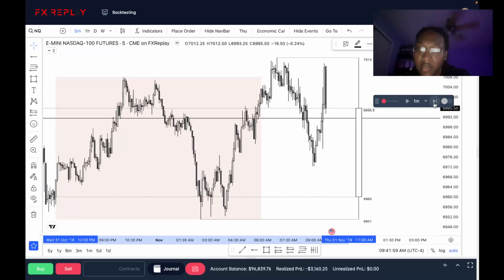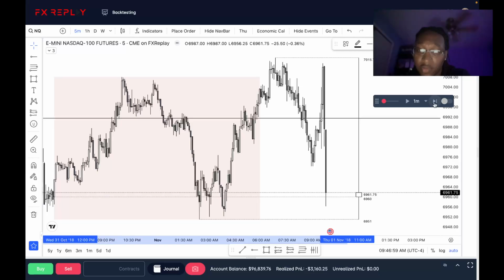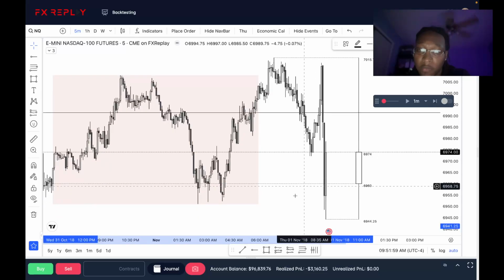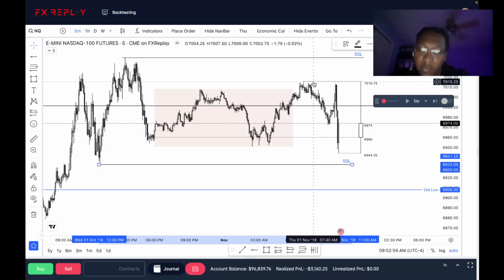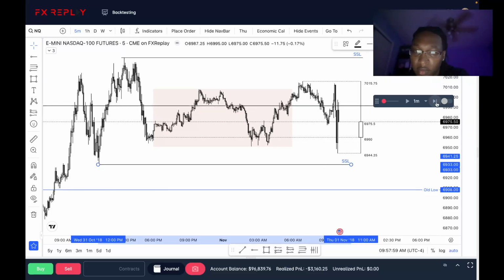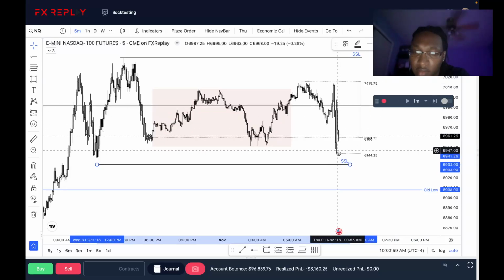9:30 pushes higher and starts dropping. Nice, nice. This is all before news. News is in the next candle. Generated buy side liquidity, relative equal highs up there. This is 10, right? No, this is 10.